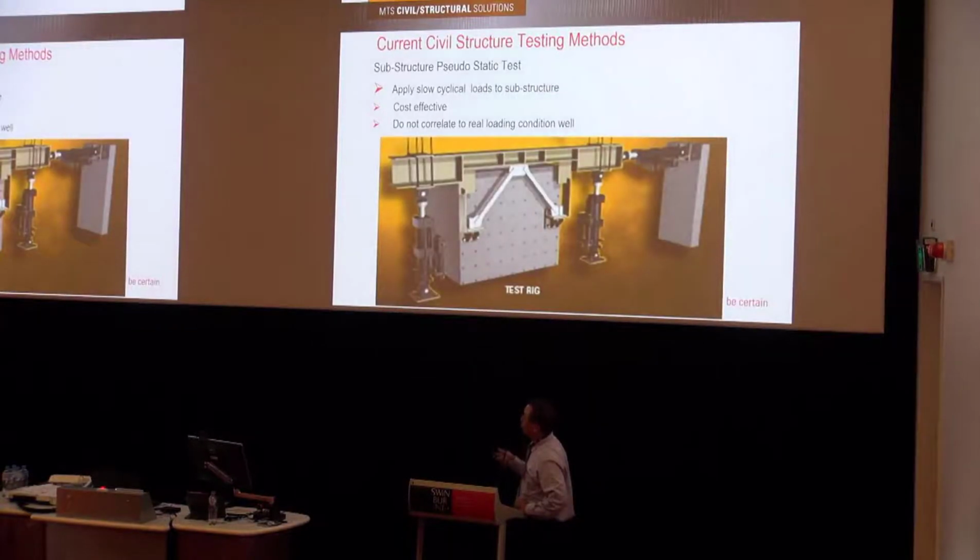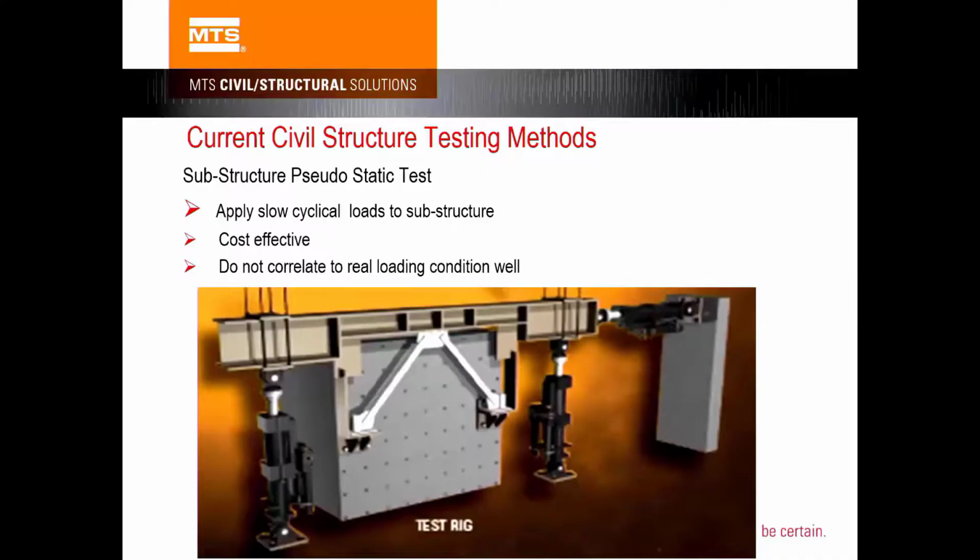Another kind of test is the substructure pseudostatic test, and you do the cyclic type of loading on a substructure like this, and actuators are very slow, and you are testing a component substructure, so the test is quite simple and doesn't cost a lot of money.